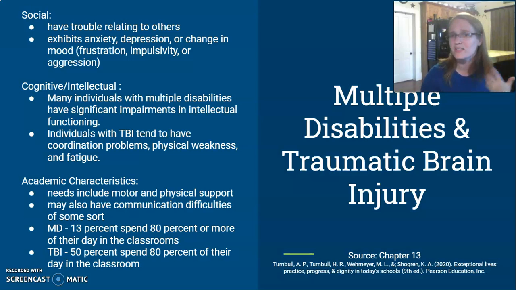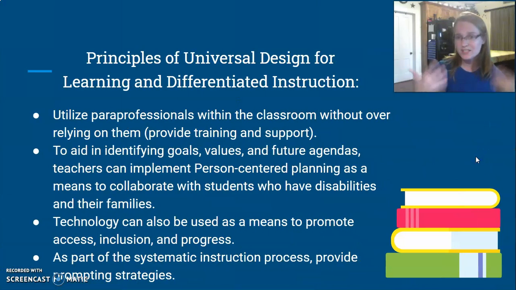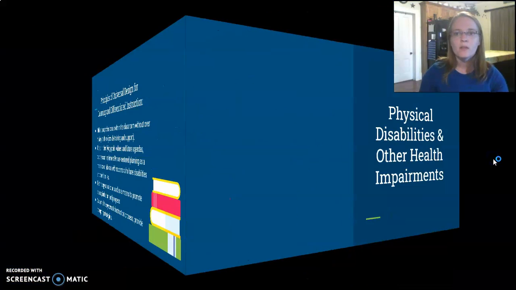Coordination problems, physical weakness, and fatigue all can be challenges of an individual with either one of these. And honestly, it comes back to just assessing your students, seeing what their needs are, and utilizing your paraprofessionals in the classroom. Don't over-utilize them. Utilize them, provide them support so that they can be an assistant to you and to the student as well.